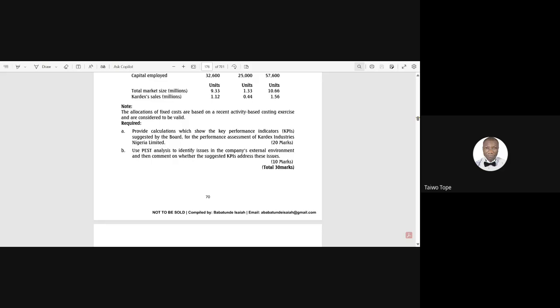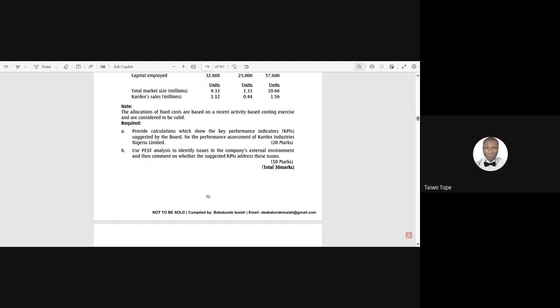The common pitfalls were their inability to compute break-even point, the contribution to sales ratio, and explain the meaning of PEST analysis.